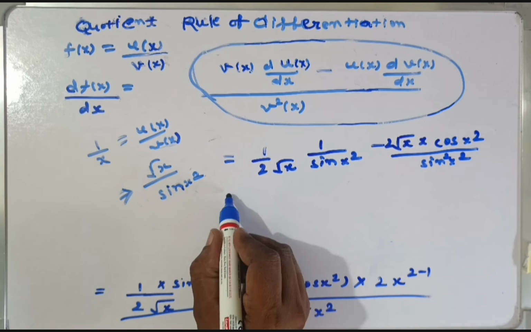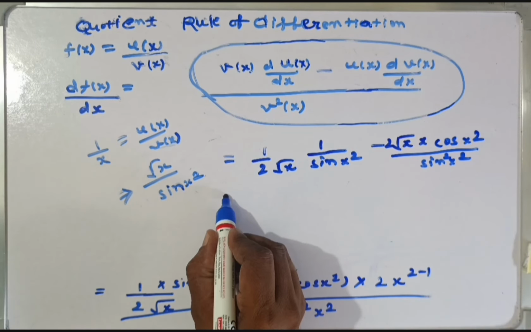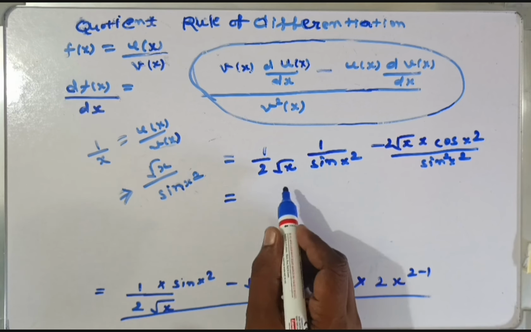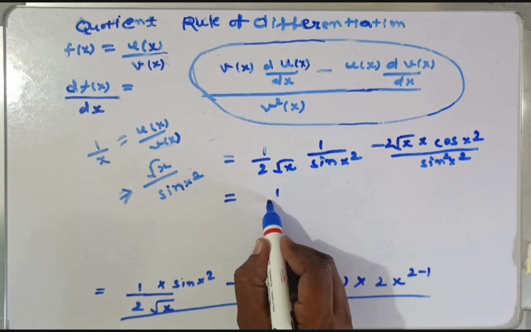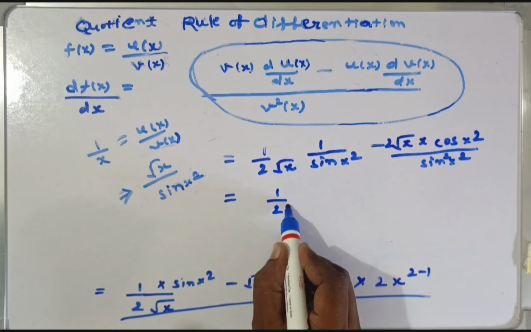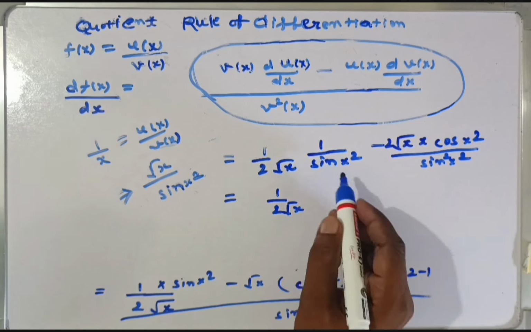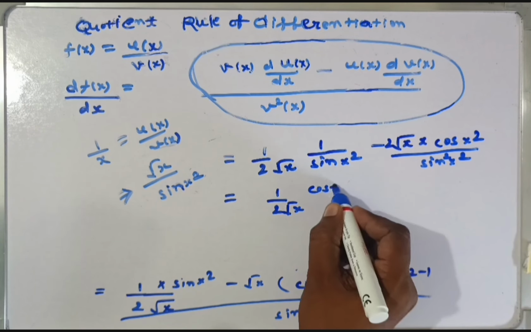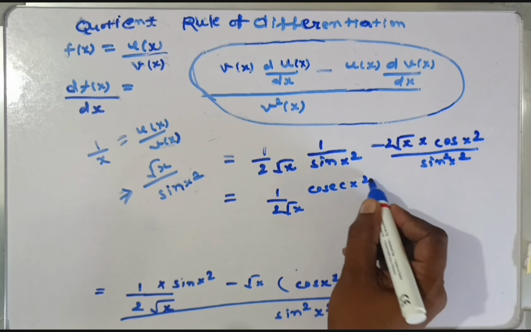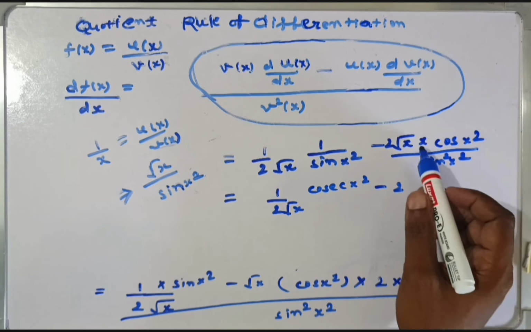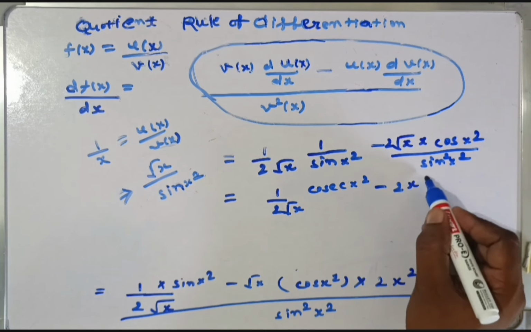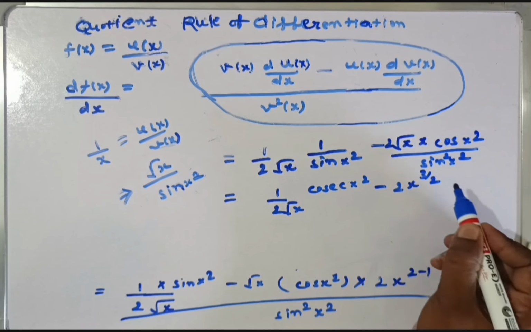Next we can write this one equal to 1 by 2 root over x, cos x square, or this one 2, and we can write it as 3 by 2.